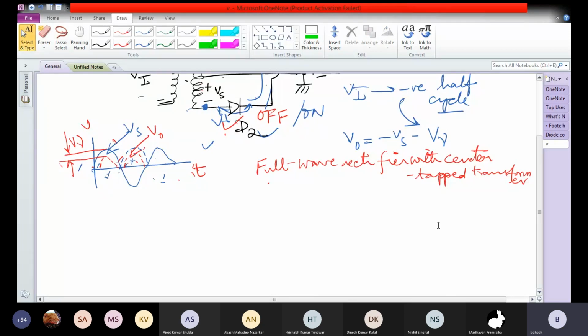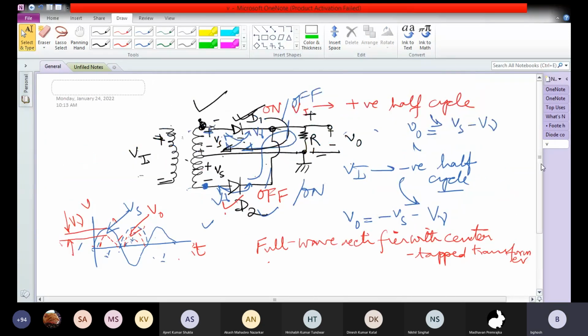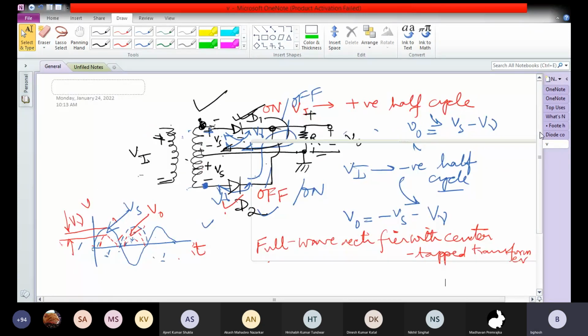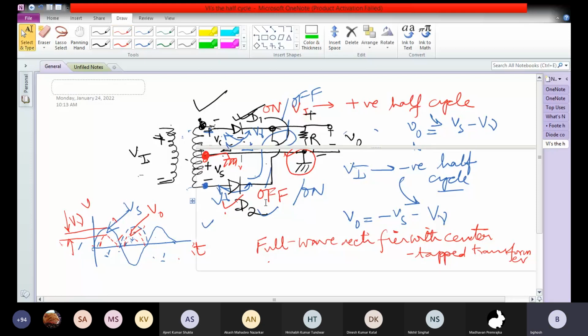Why center tap transformer? Because this point is grounded. The center of the transformer here is connected to ground. That is why it is called a center tap transformer. And this is one type of circuit for the full wave rectifier.